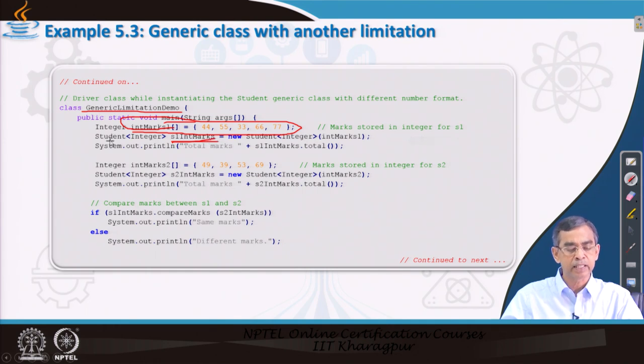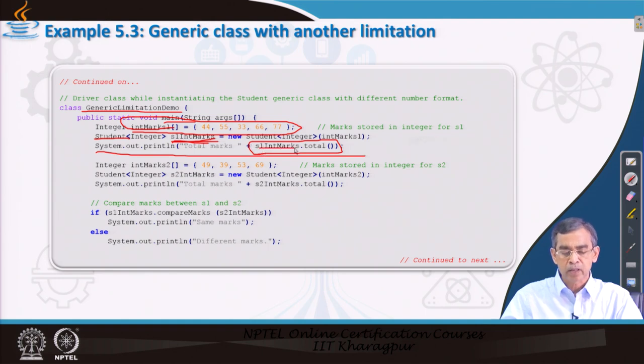Here, using the student generic class, we create the object. This is S1, meaning student one, a set where the values are integer marks. Then it gives a call to the total method for S1 integer marks. The total method is defined in the student class.